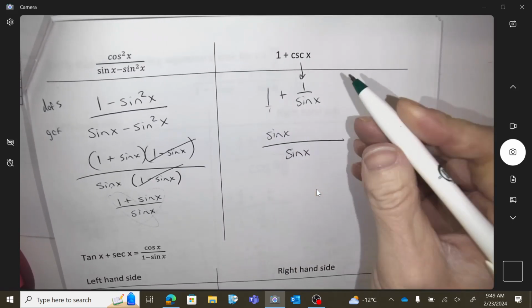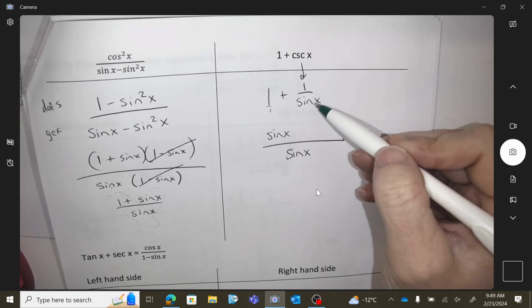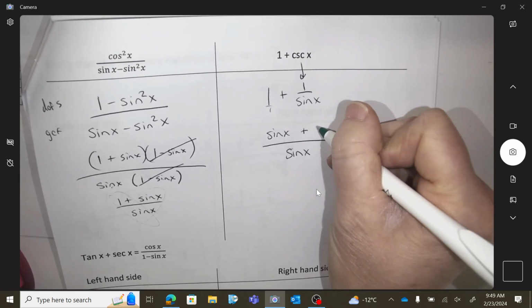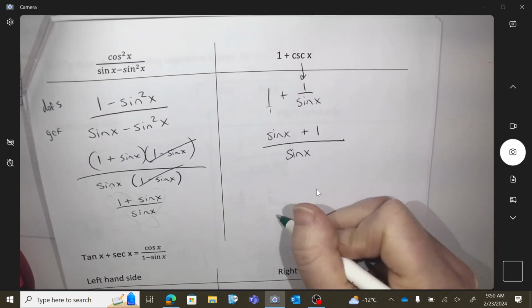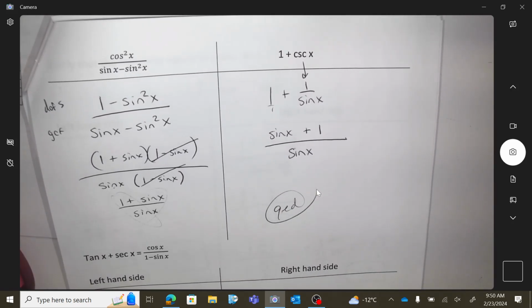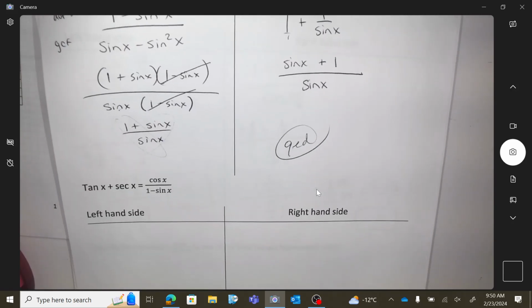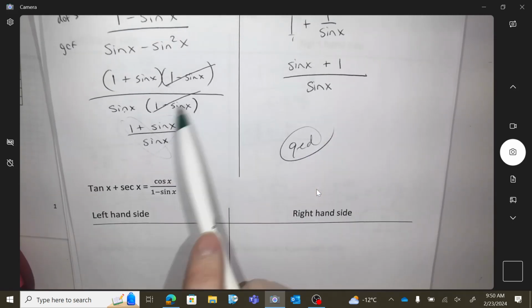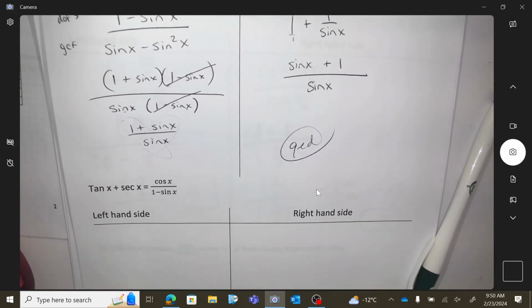Sine x. This bottom was sine x. So I just leave it. And you're done. Okay, that's the same. I know it's just flipped around like that, but that's the same.